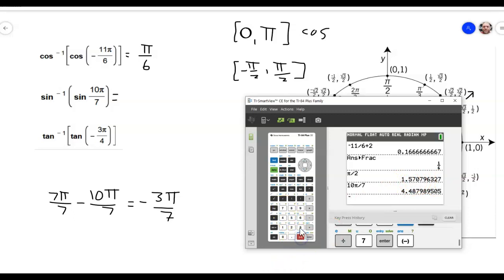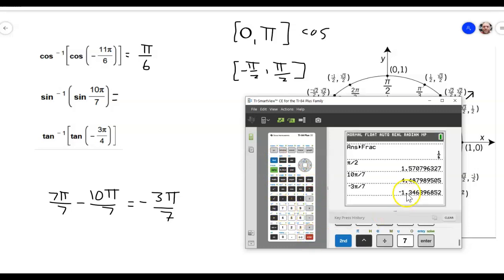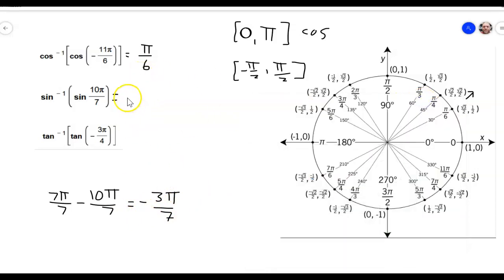So negative 3 pi divided by 7, and that is negative 1.34, so that is larger than negative 1.57, so that is within my domain there, so that is good. So this answer here is just going to be negative 3 pi over 7.